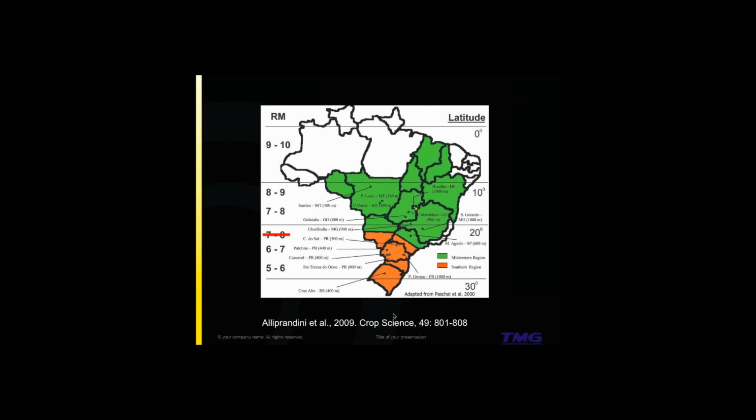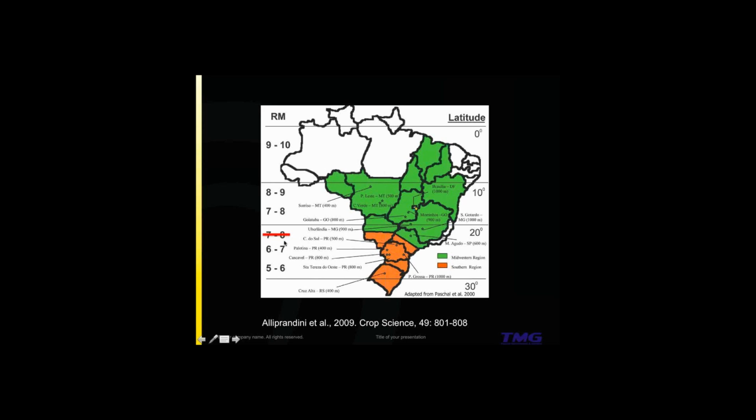So this slide shows the maturity groups that we grow in soybean. Again, this is the southern region. We are growing now essentially groups 5 to 6.5.